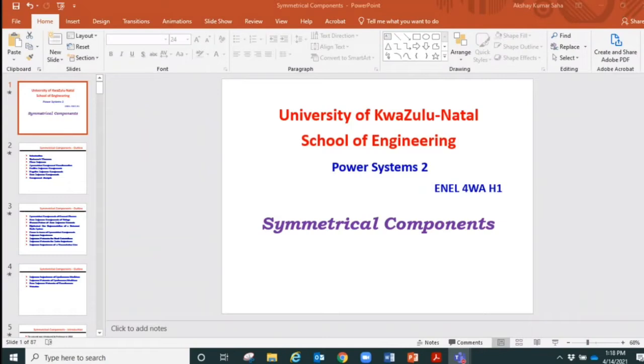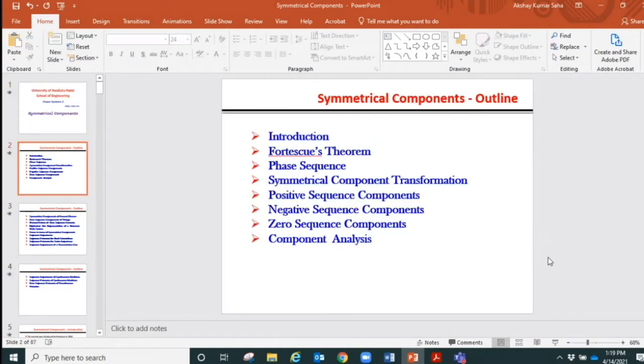Just to refresh our memory a little bit, a balanced system is a system in which, if we imagine a generator, that's where we start, because generators are the sources of active and reactive power, and they also have the terminal voltage where we connect our loads.